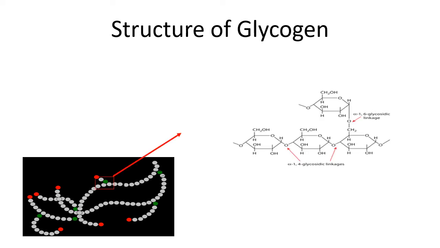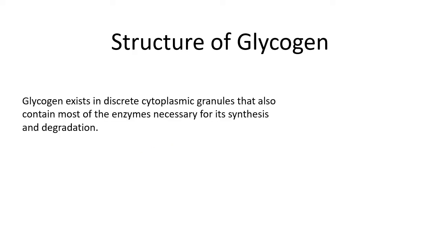In the linear form, we have an alpha-1,4 glycosidic bond, meaning that the first carbon of the first glucose is attached to the fourth carbon of the second glucose, while at a branching point, after an average of 8 to 10 glucose residues, there is an alpha-1,6 glycosidic bond. Again, glycogen exists in discrete cytoplasmic granules that also contain most of the enzymes necessary for its synthesis and degradation.